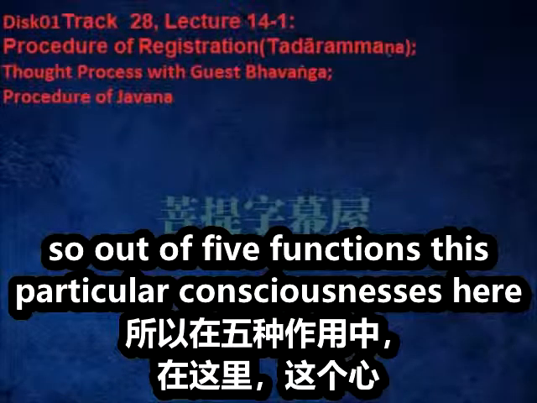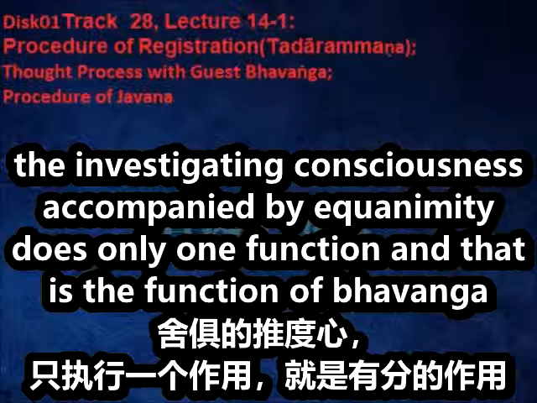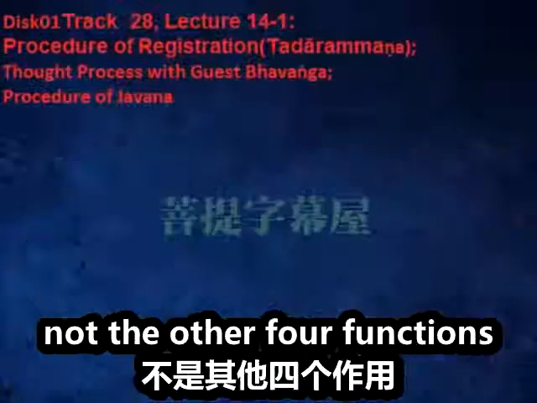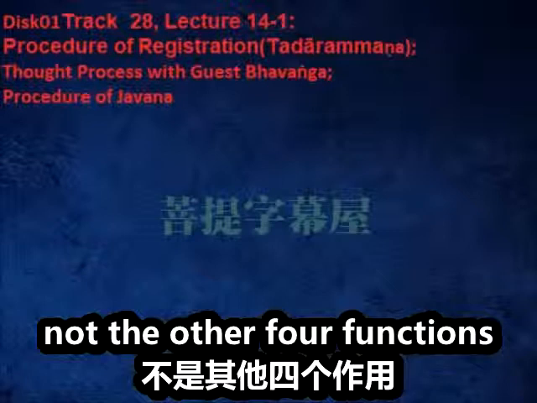So out of 5 functions, this particular consciousness, the investigating consciousness accompanied by equanimity, does only one function, and that is the function of bhavanga, not the other 4 functions.